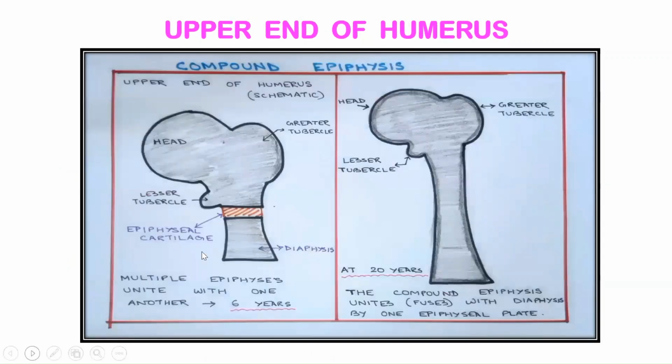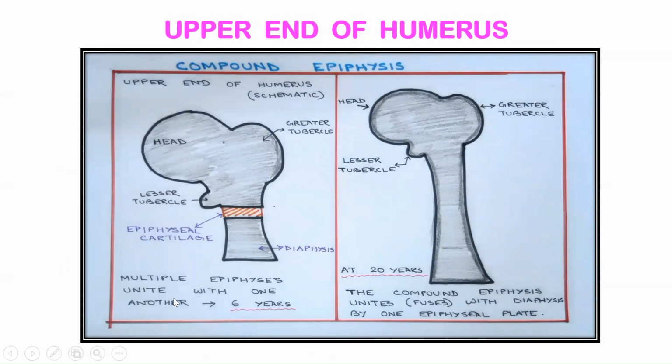Next, at 6 years, we can see that the epiphyses for the head, the greater tubercle and the lesser tubercle have fused among themselves to form a compound epiphysis, which is separated by an epiphyseal cartilage from the diaphysis. And at 20 years, the compound epiphysis will unite with the diaphysis. So this is the compound epiphysis. Example, upper end of the humerus.